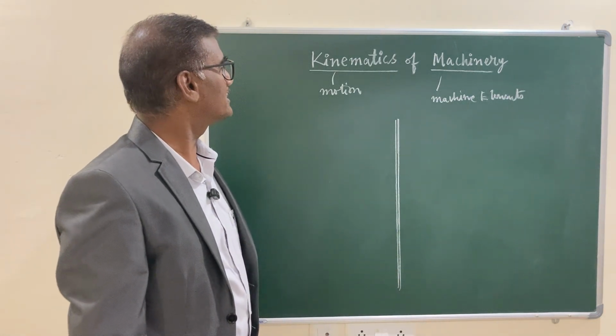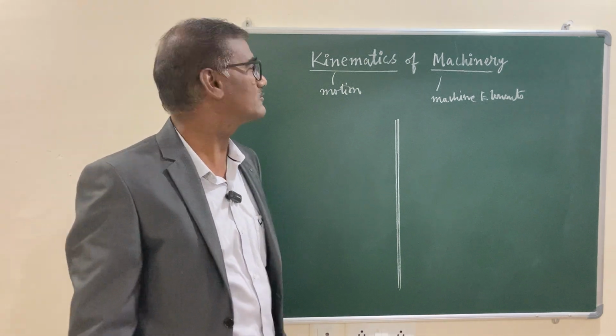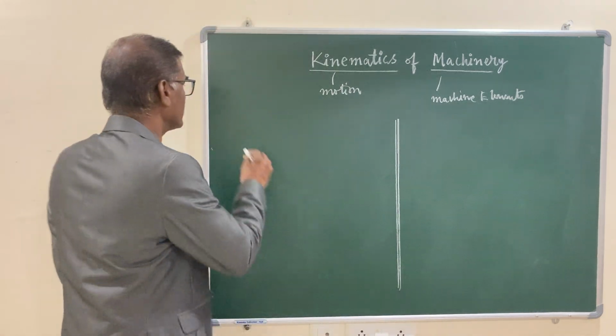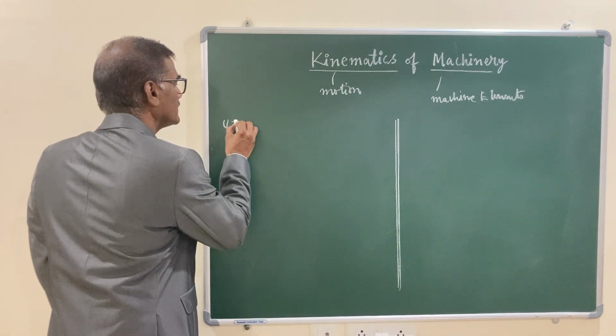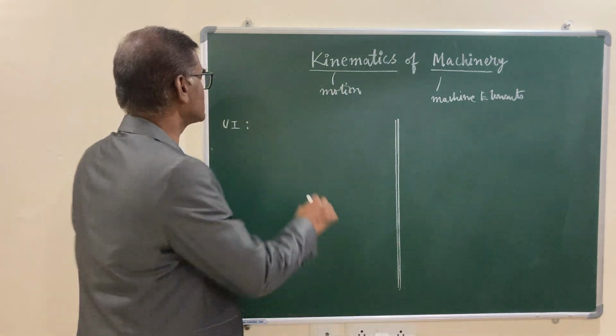So let me give a brief outline of the syllabus content of kinematics of machinery. Let us look at unit 1. The title of the unit is mechanisms and machines.